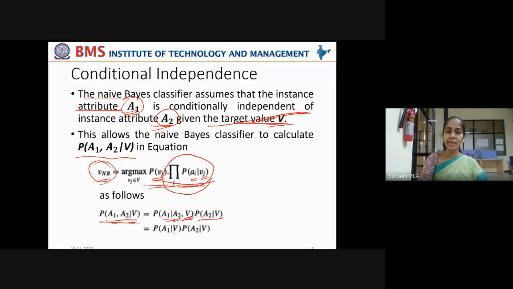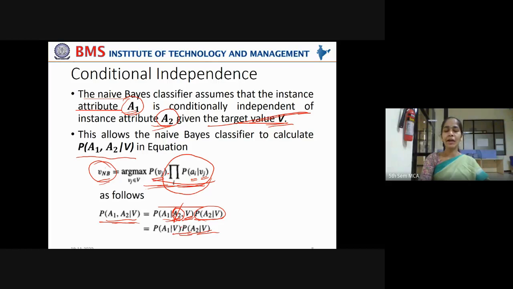Now this can be further simplified because A1 is conditionally independent of A2, you can eliminate it according to the conditional independence formula. So how do you write it? Probability of A1 given V. This term is eliminated. So probability of A1 given V multiplied by probability of A2 given V.